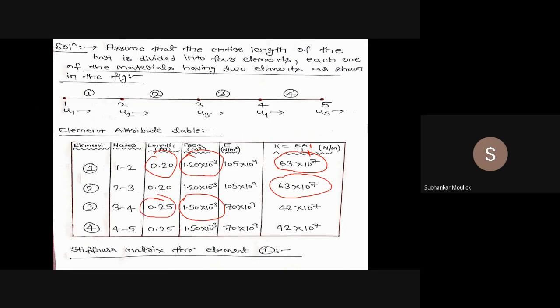Once you solve that expression, you will get the stiffness of that element as 42 into 10 to the power 7. Similarly, the stiffness value for the fourth element will be exactly the same as that of element number 3, and the value is 42 into 10 to the power 7. So is it clear so far, the element attribute table? Any doubt?